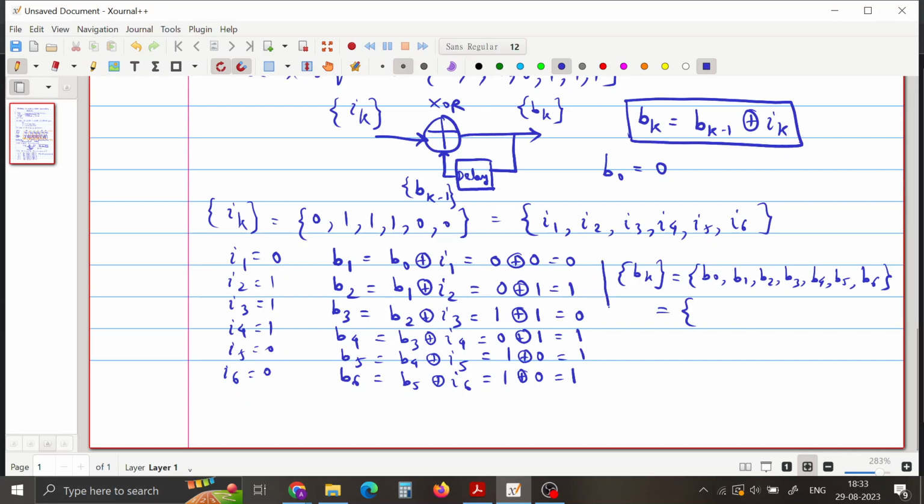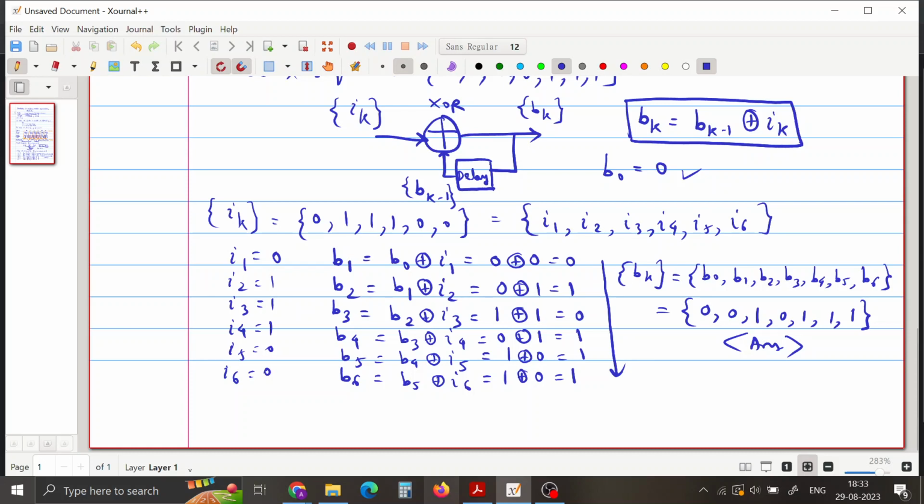B0 is 0, and then B1 is 0, B2 is 1, then 0, then 1, 1, 1, like this. Okay. So this is your answer. This is the actual bit stream that is transmitted.